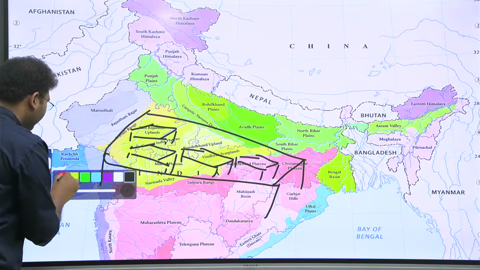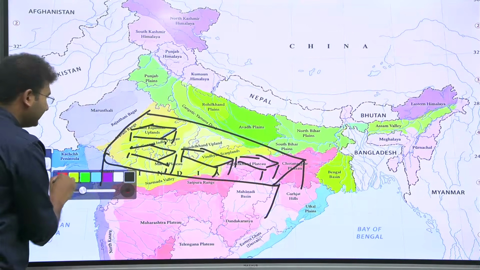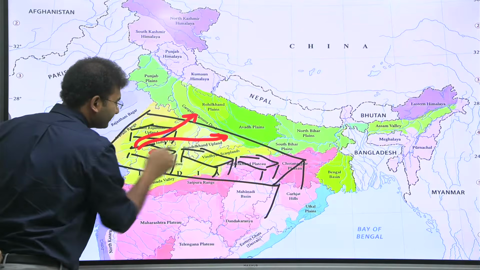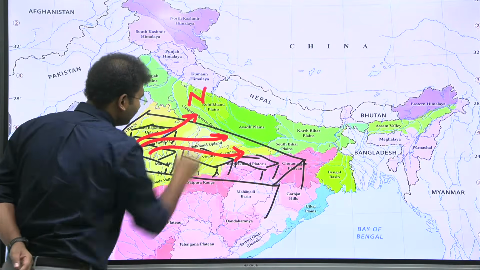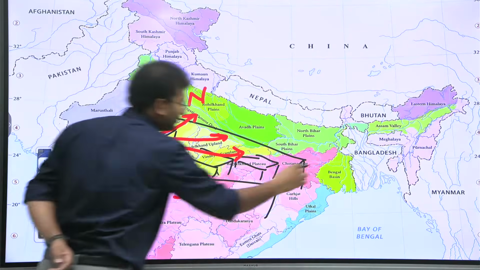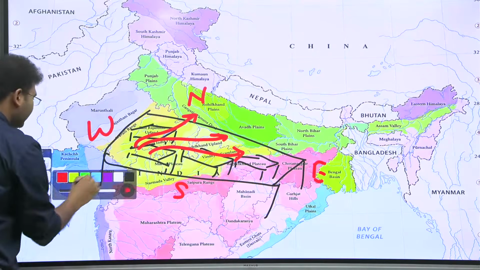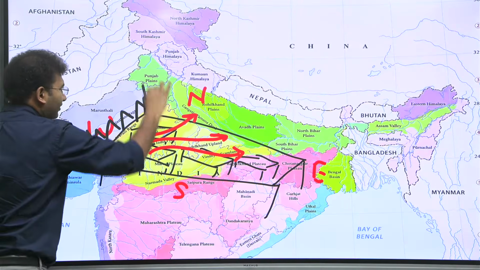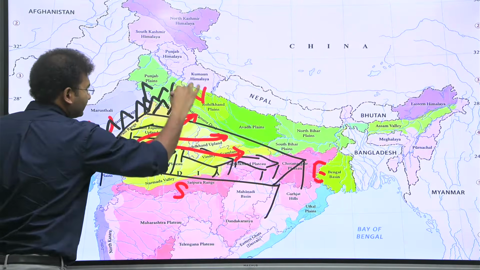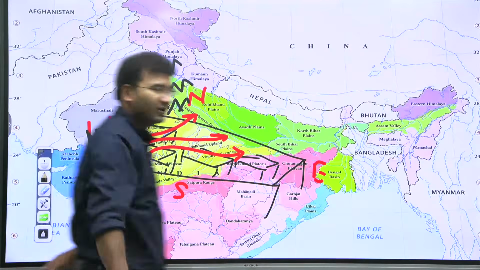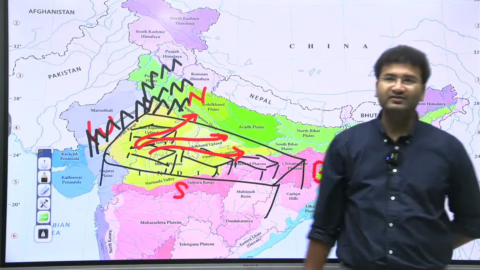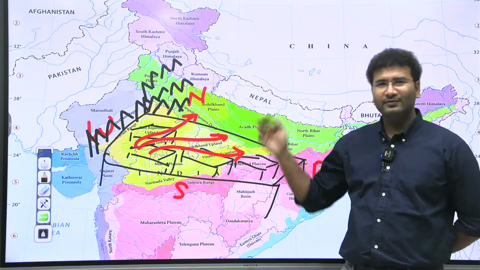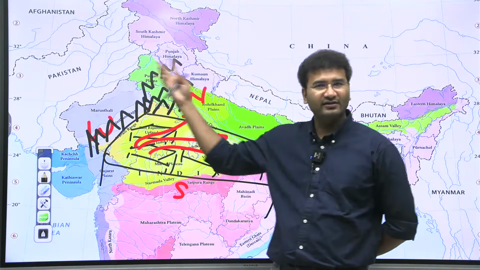Central plateau. The interesting aspect of the central plateau is it slopes to the north and it slopes to the northeast. This is north, this is south, this is west, this is east. And here you have these tall mountains, Aravalis, which are broad, which are fan-folding mountains. These are located like this. So any river which is found in these mountains, will it travel towards the north or will it come towards the south? North. That means the slope is towards the north and the northeast.